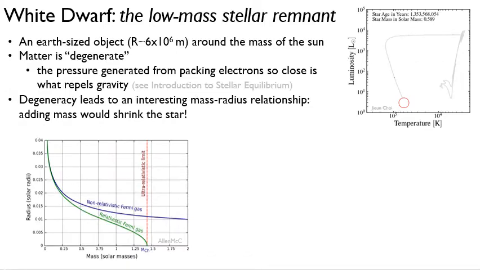And this degeneracy leads to a really interesting relationship between the mass and the radius. Naively, you might think if you have an object and you add some mass to it, the radius would get larger. You add more mass, it would increase in volume. But here, the opposite happens. If you took a white dwarf and somehow added some mass to it, then you would actually decrease in radius. This is a plot of the radius versus the mass, and you'd follow this green curve.